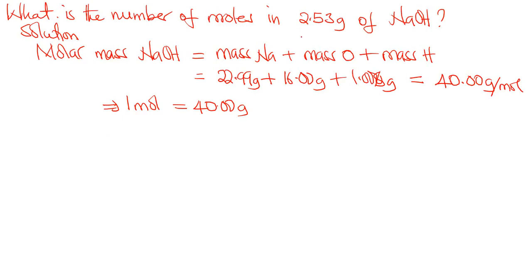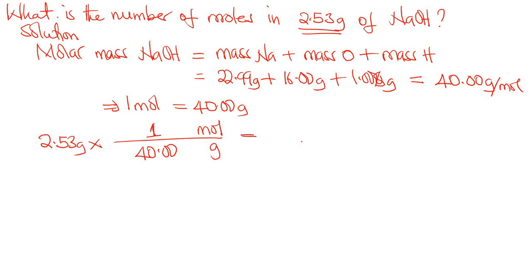Now, this one is our given quantity. So we have our given quantity 2.53 grams times the conversion factor. This is grams here. We need grams down here, which means we have mole up there. So the grams go with 40.00, the mole goes with 1.